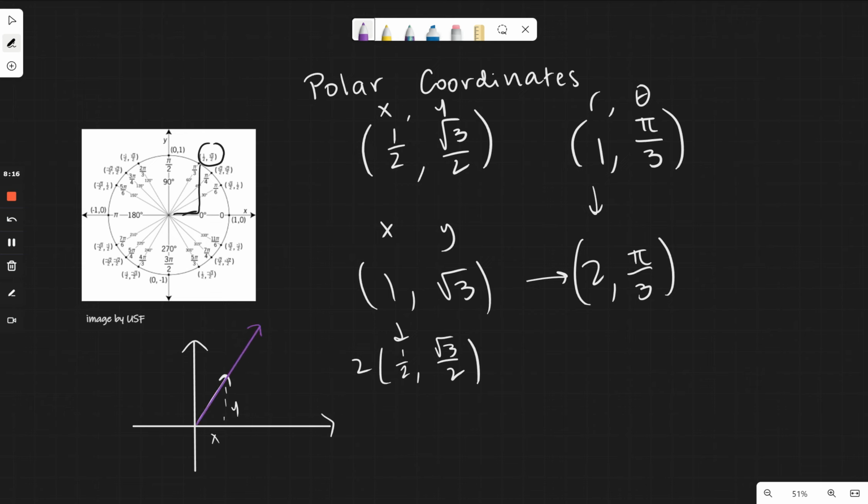And you can think of this as scaling your radius up by a factor of 2. So let's say we want to scale our vector up. Now, because the hypotenuse of this triangle is twice as big, think of it as scaling this triangle up. So now the x is twice as much, and so the y is also twice as much. And that's kind of what happened here. The x coordinate and the y coordinate both were scaled up by a factor of 2, and so the radius had to be scaled up by a factor of 2.